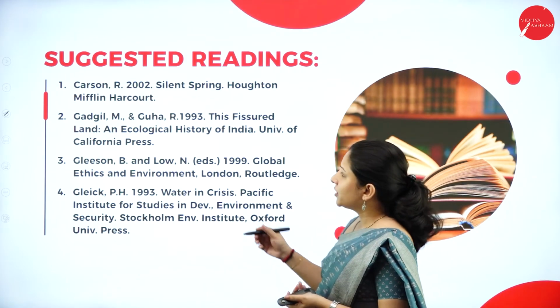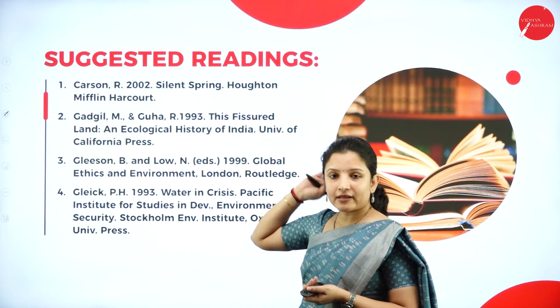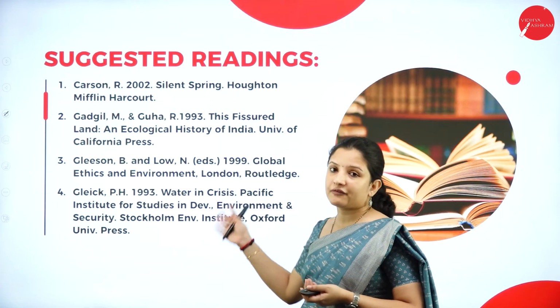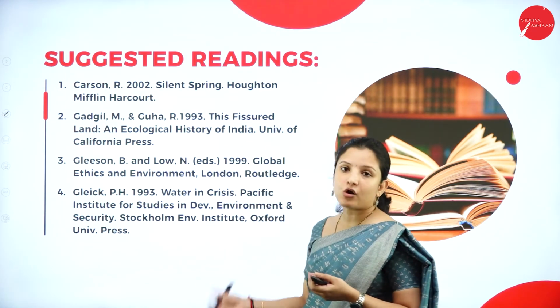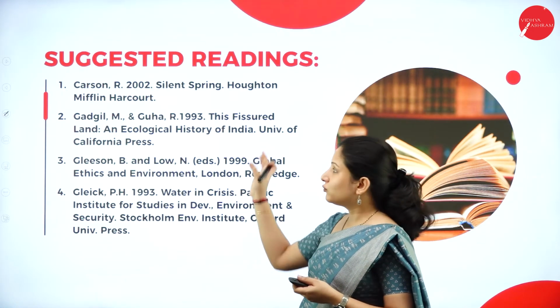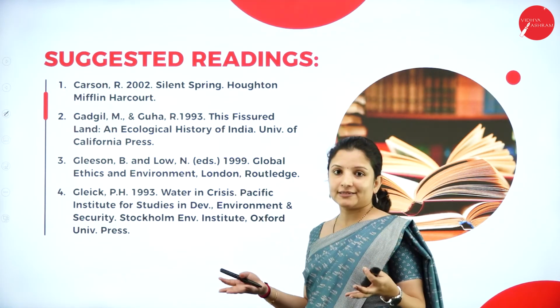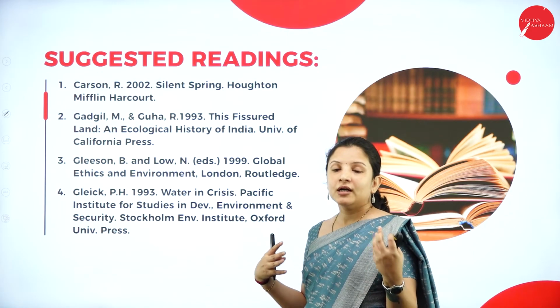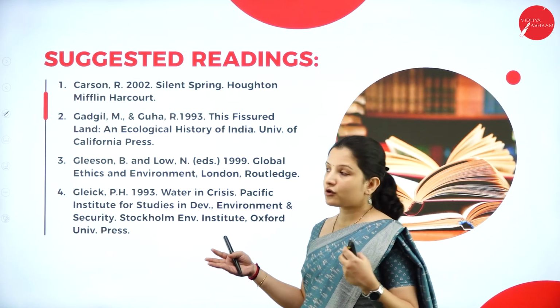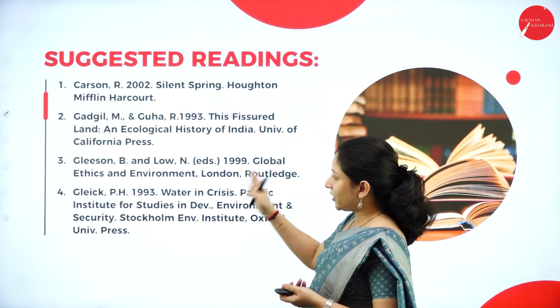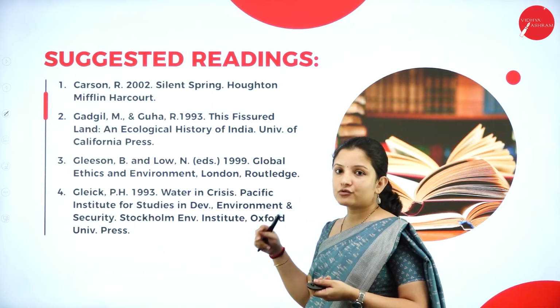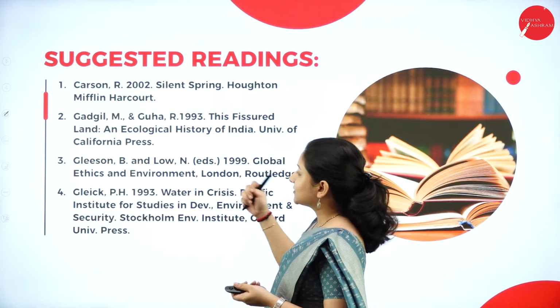There also, it's not that in one book you will get the entire topic, you will have to refer to a number of books, because the topic gets distributed based on how the author has written the book, based on what the heading of the book is. For example, if you need to search for religious ethics towards environment, if you read Silent Spring, you won't get it. So depending on what the topic is, you have to choose the book from this particular suggested readings.